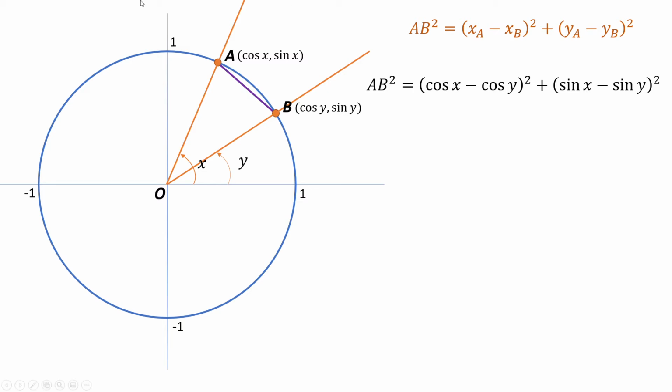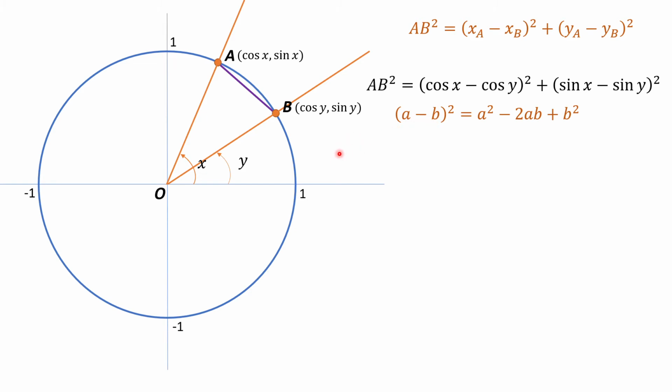The next thing we want to do is open up the parentheses. We have (cosine x minus cosine y) squared, and then (sine x minus sine y) squared. We want to get rid of the parentheses, and to do that we look at the following formula, which is a good one to remember: how to open up the square of the difference between 2 numbers.